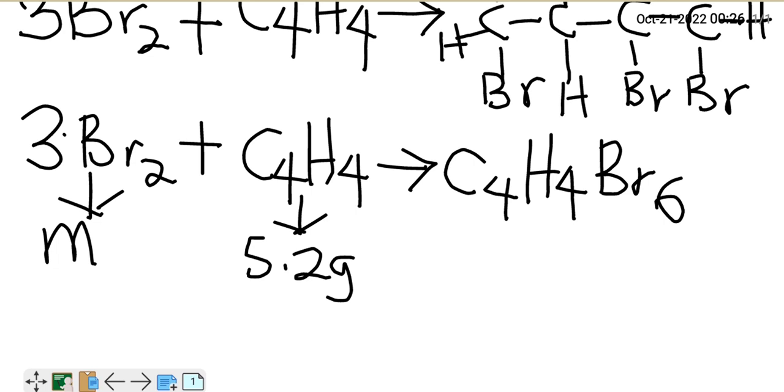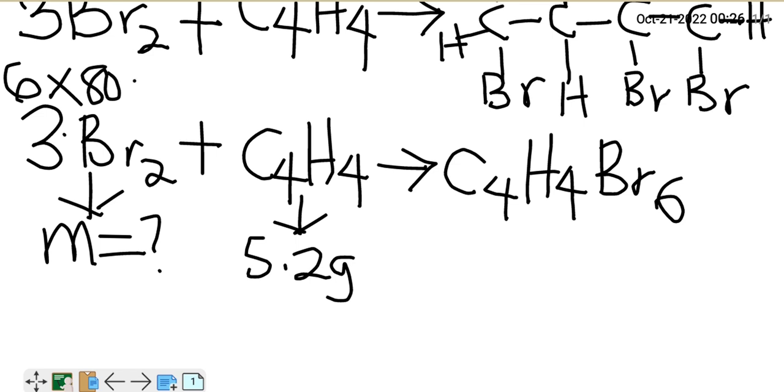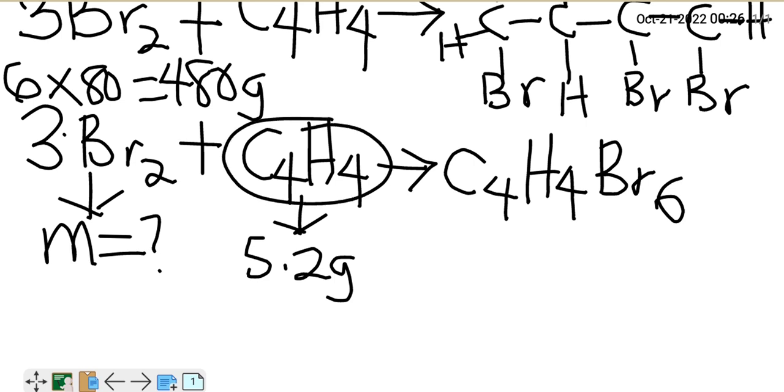How do we solve this mass to mass calculation? Since what we have here is mass, above it we're going to find the whole reacting mass you have here. Each bromine atom is 80 grams, and here there are 6 atoms of bromine. So the whole 6 atoms of bromine, that will be 6 times 80, 480 grams. From the reaction, 480 grams of bromine is going to be required to saturate this compound.